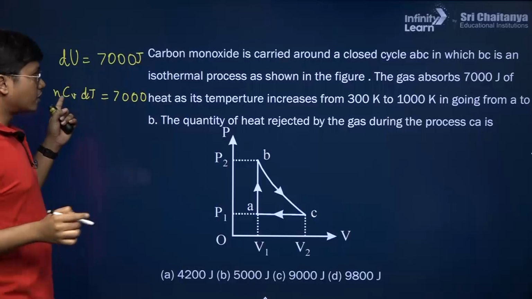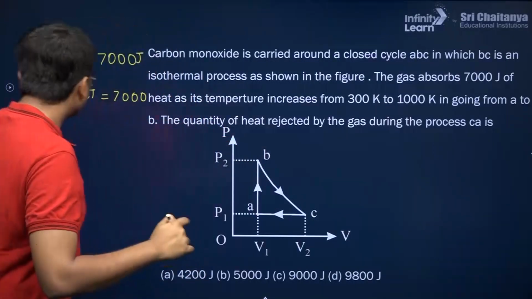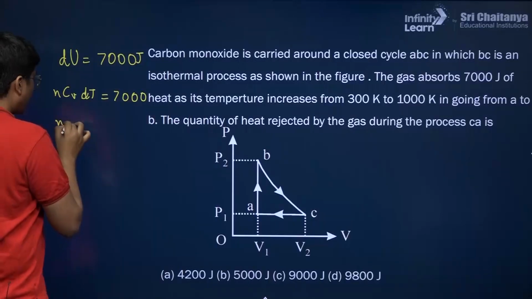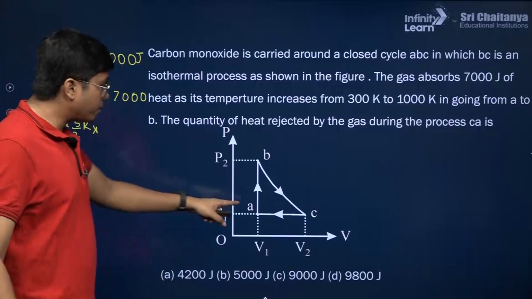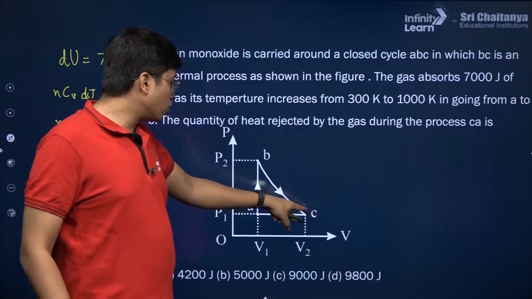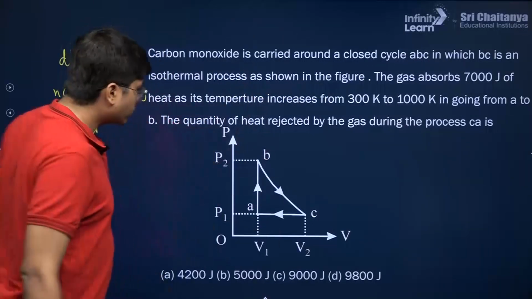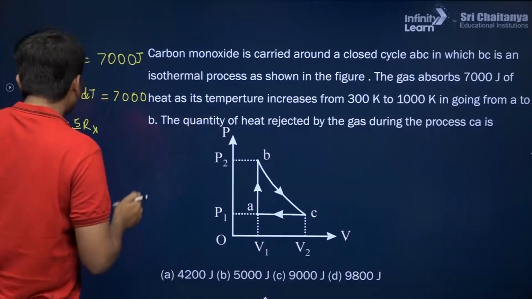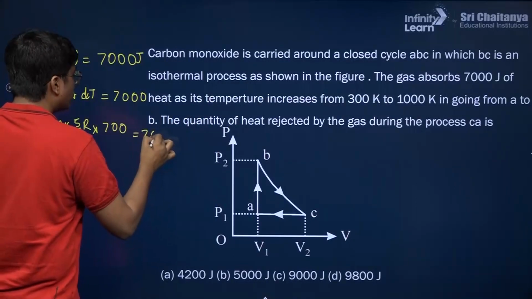Cv, because it's carbon monoxide, a diatomic gas, is 5 by 2 R. So n into 5 by 2 R into the change in temperature from A to B, which is going from 300 to 1000. So the difference delta T is 700. That is equal to 7000.